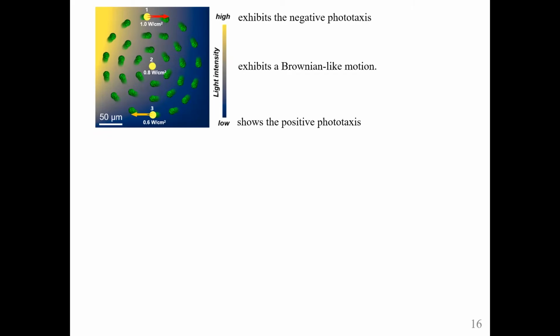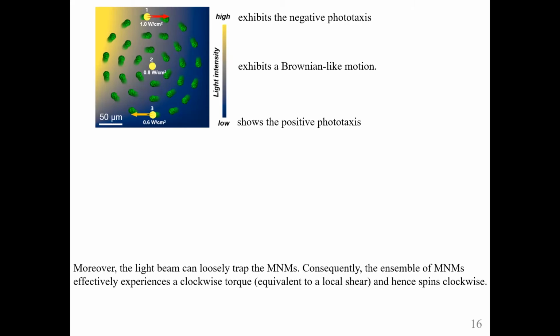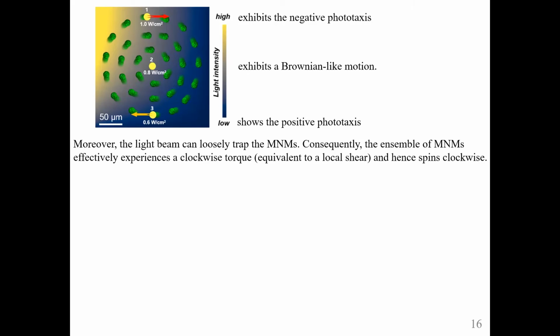Moreover, the light beam can loosely trap the micromotors, as the micromotors near the beam periphery move towards the beam center due to the positive phototaxis and inter-particle diffusiophoretic interaction. Consequently, the ensemble of micromotors effectively experiences the collective torque and spins clockwise.